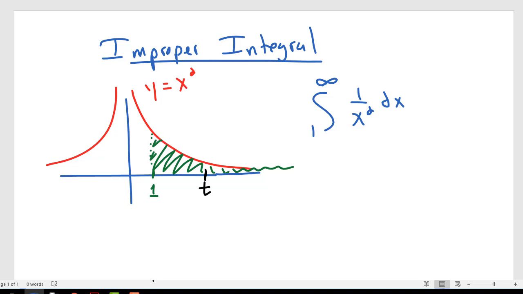So, technically what I'm going to do is I'm going to integrate from 1 to t, and I'm going to treat t as a constant value conceptually. But then, at the end of evaluating this integral with this constant number t, I'm going to then come back, and let me write that as black. We're going to take a limit as t goes to infinity.